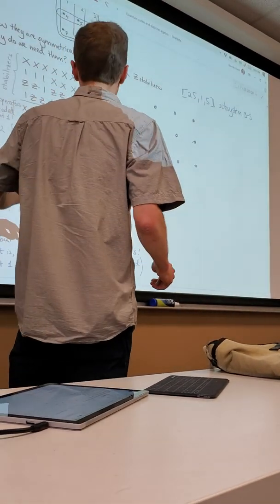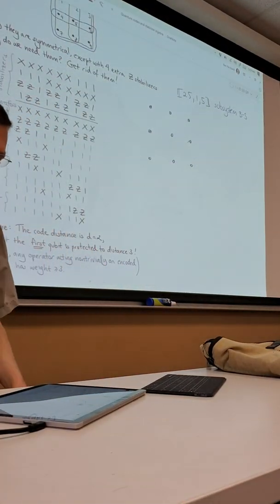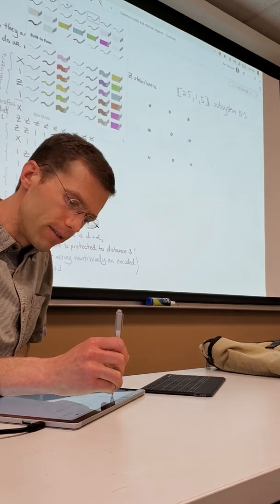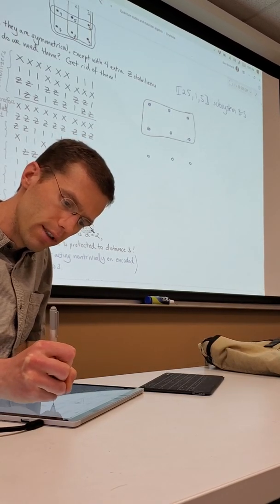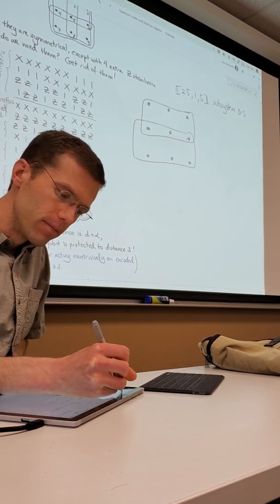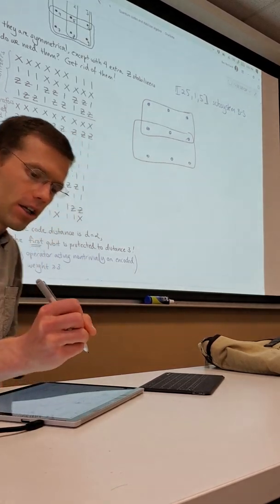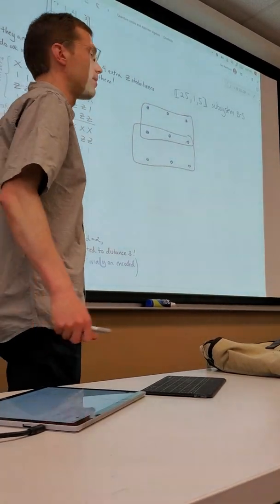Right, so what I wanted to say is, okay, this is hard to draw. Let's see if we can do it. So these are my X stabilizers. Now a logical Z operator should commute with the X stabilizers. What does that mean?